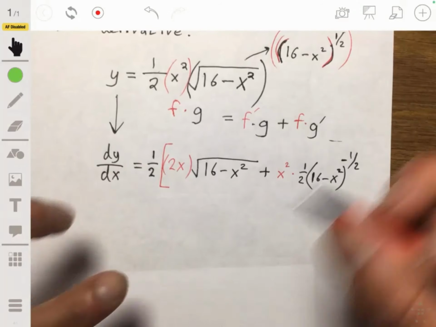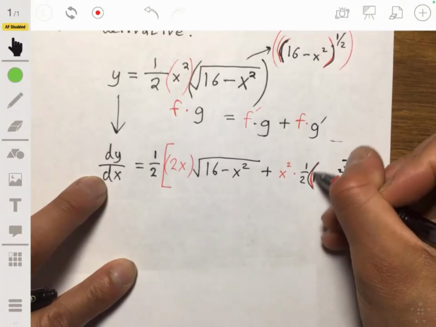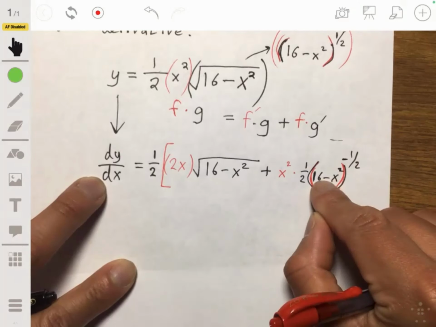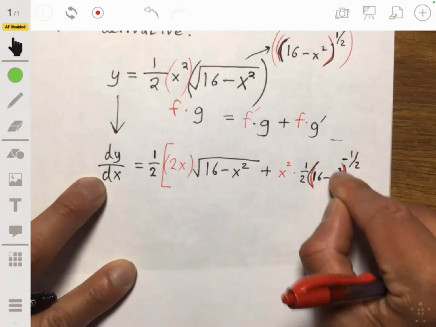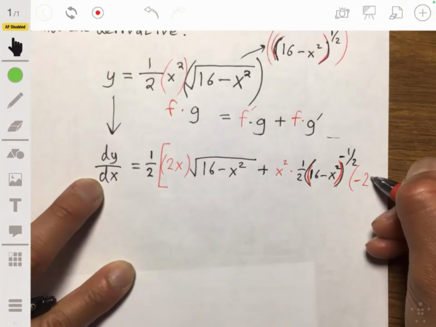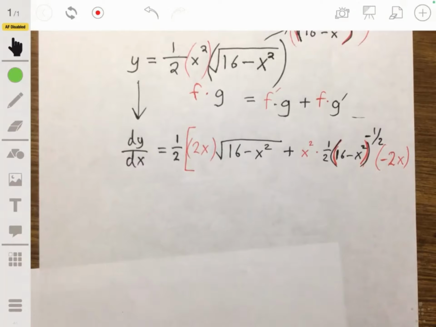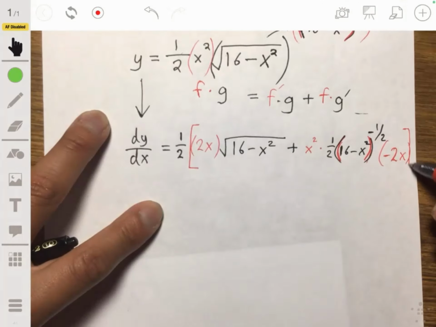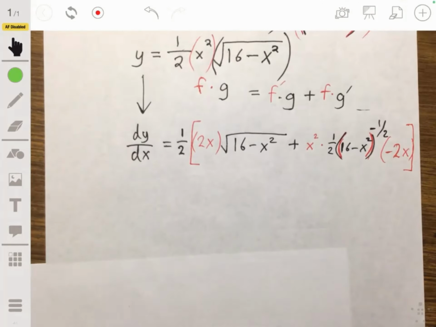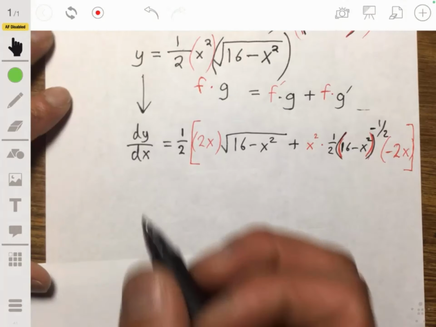And then we multiply by the derivative of the inside, the derivative of 16 minus x squared, which is just going to be negative 2x.